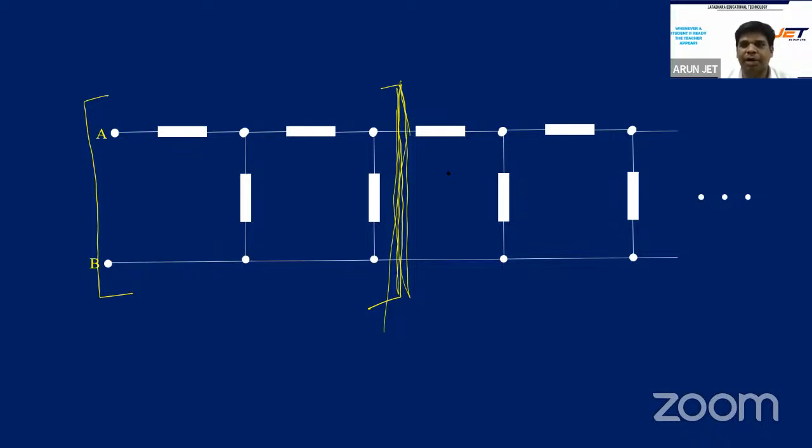But now I have to add an infinite number of networks like this, an infinite number of steps like this. So how do you do it is the question. But you will have a finite resistance.